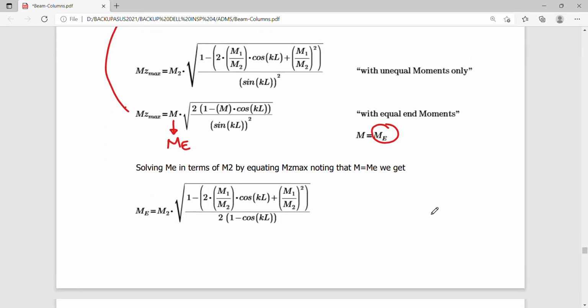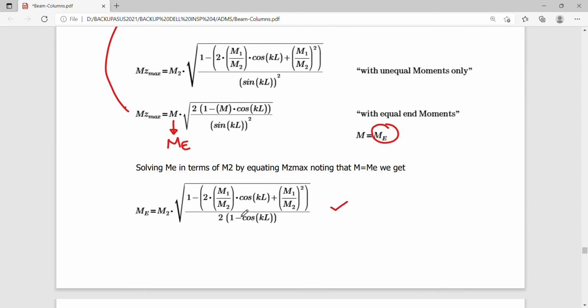So solving ME in terms of M2 by equating the two equations here, okay, and considering that M here is equal to ME, we therefore extract the MC max variable, and by mathematical simplification, we will yield this result.